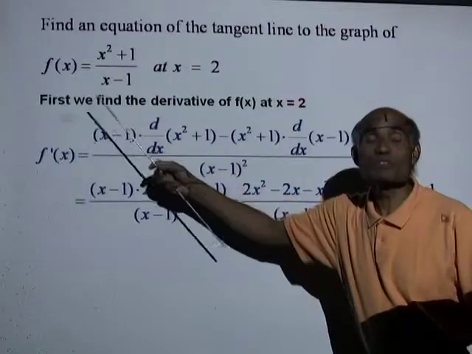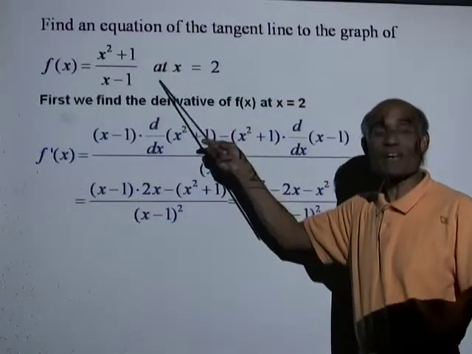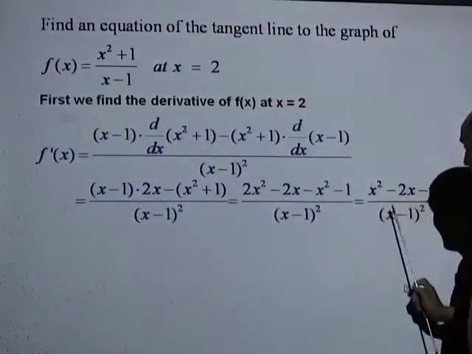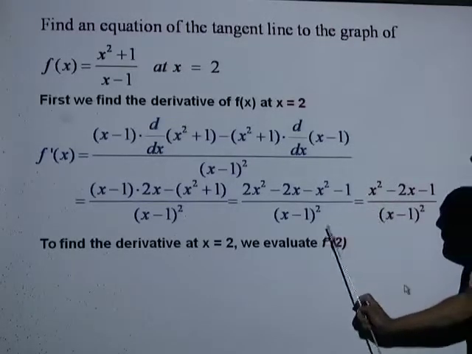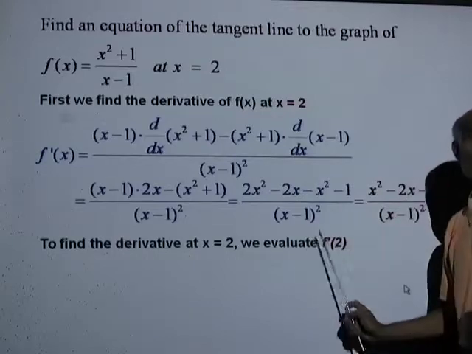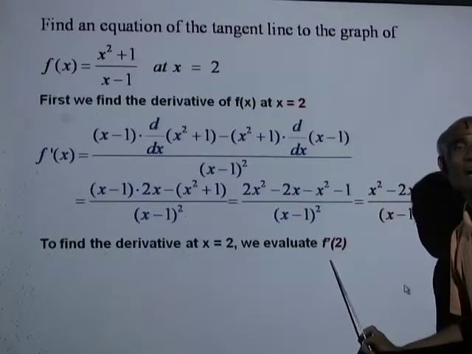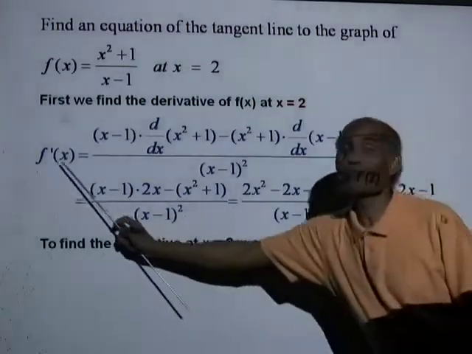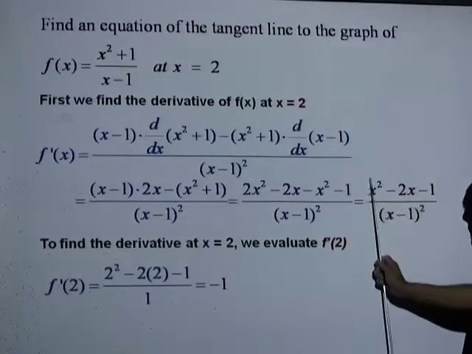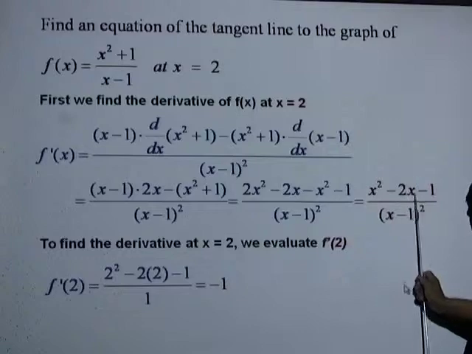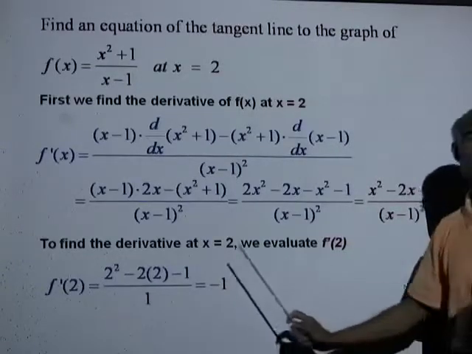Now, we need the derivative of this function at x equal to 2. So, here we will replace x equal to 2 and find the value of this. Or, we will find f prime of 2. What is f prime of 2? To find f prime of 2, replace here x equal to 2.